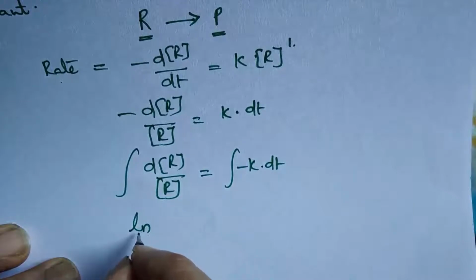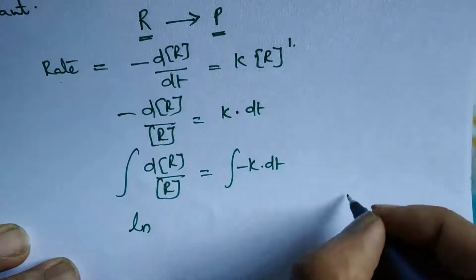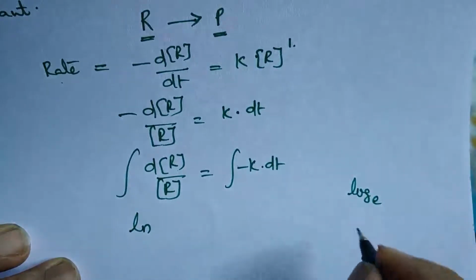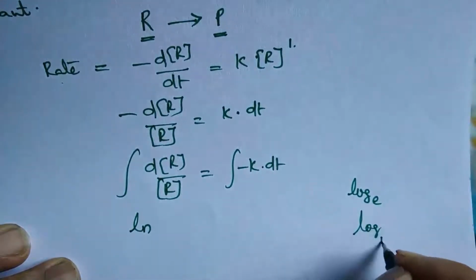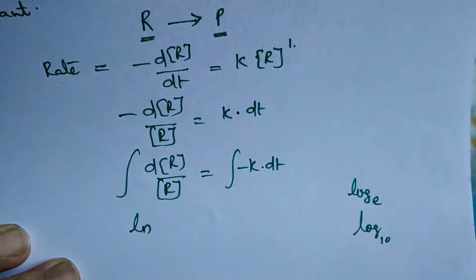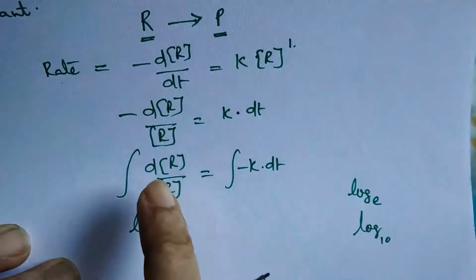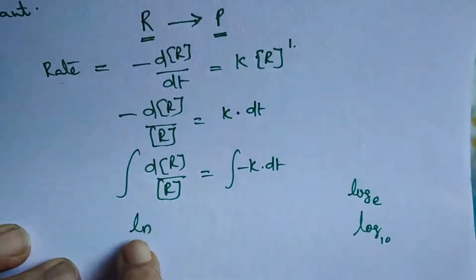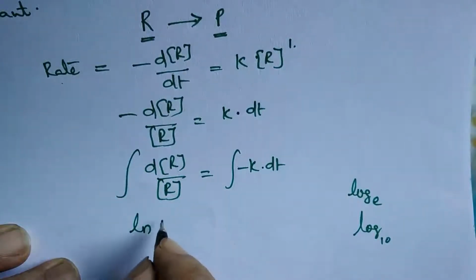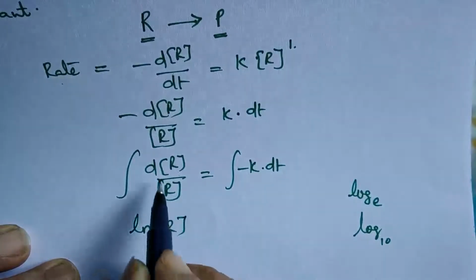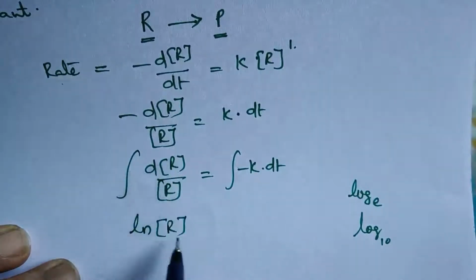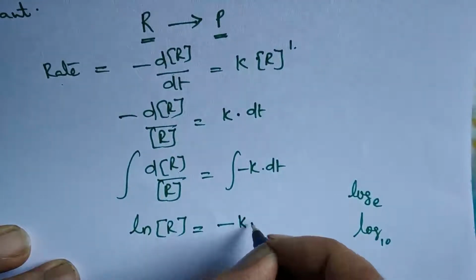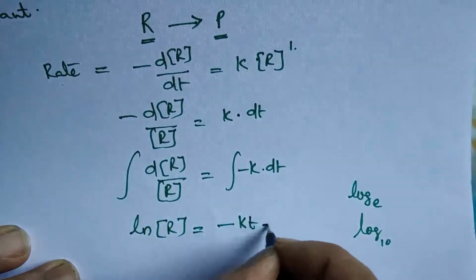Ln means natural logarithm, that means log to the base e. We are using the common logarithms, that is log base 10. So here when the differential equation is integrated, it will directly convert into the natural logarithm. So ln R is equal to minus kt plus I.